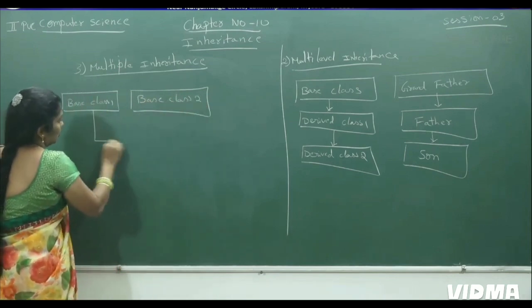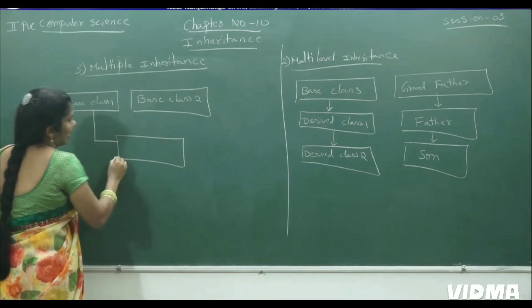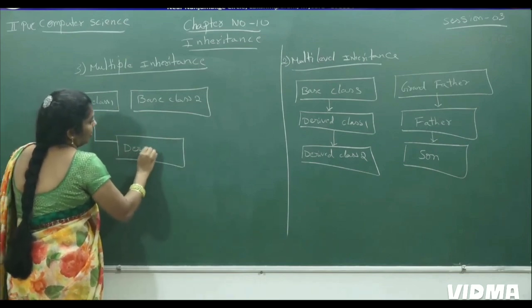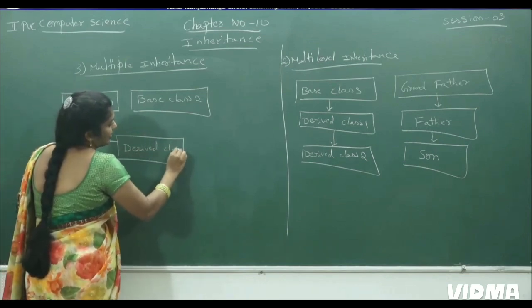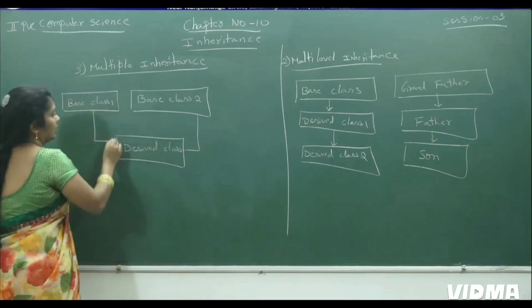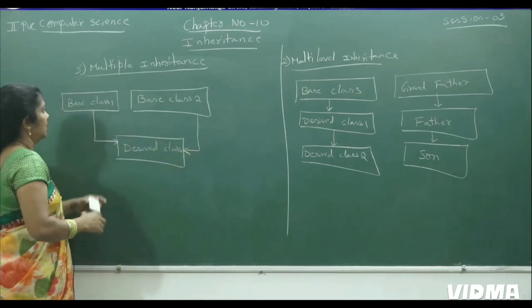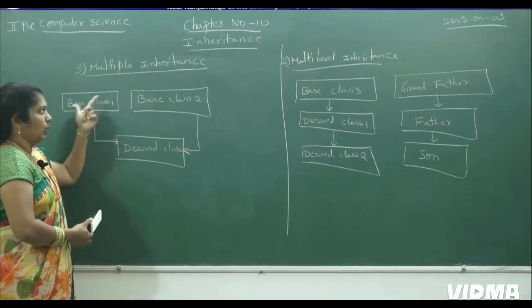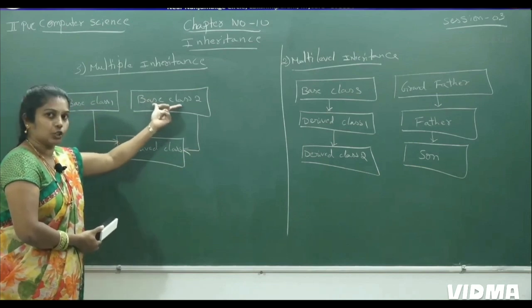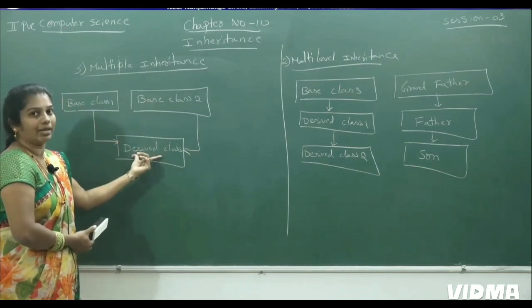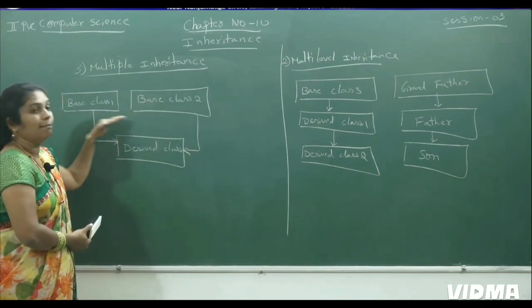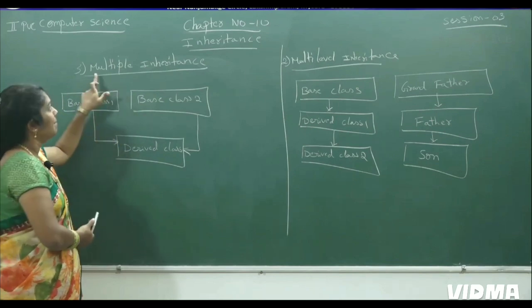From these two, one more derived class. See here, the properties from base class 1 as well as the properties from base class 2 are both transferred to the derived class. More than one base class is there at a time.